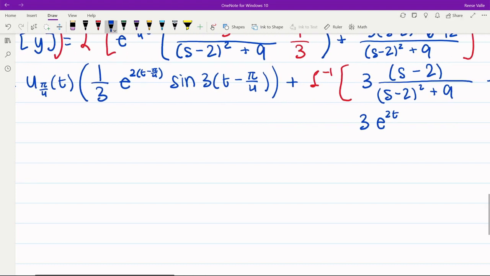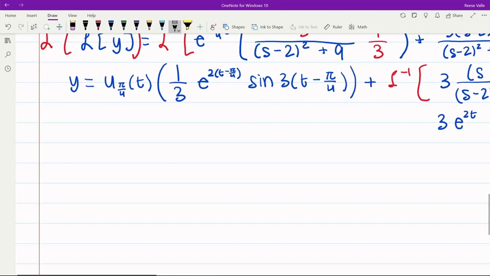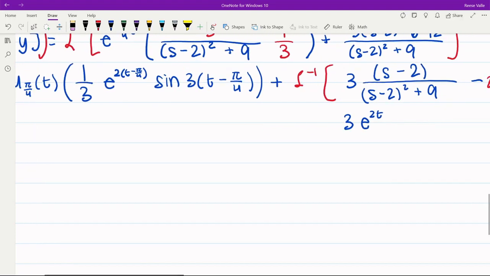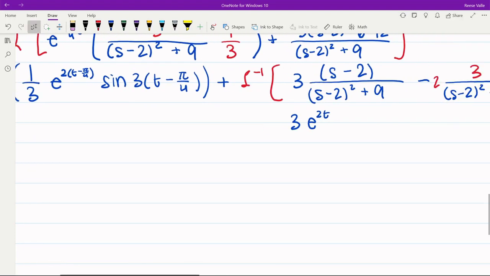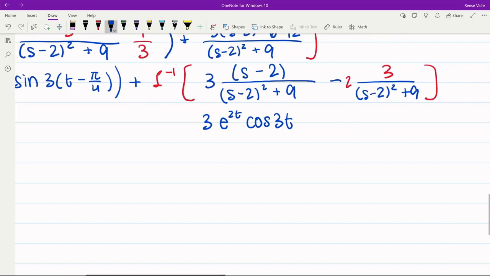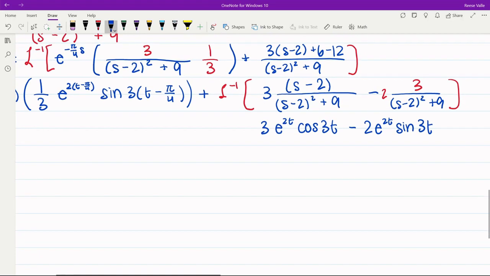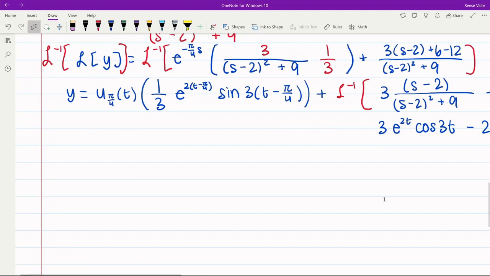Notice that it's just 2t because it doesn't have u of pi over 4. And then it's going to be cosine of 3t. This one's going to be minus 2 e to the 2t sine of 3t. Awesome. And then I'm just going to copy and paste the top.